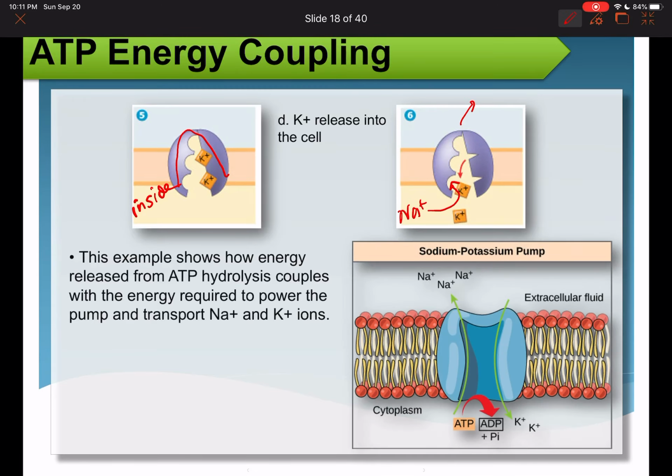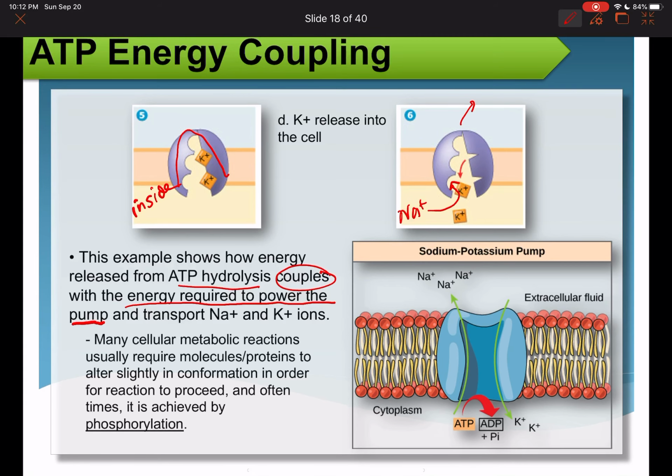So the pump's action in utilizing ATP to pump sodium ions out of the cell and potassium ions into the cell is a perfect example of how energy released from ATP hydrolysis is able to couple with the energy that's required to power the pump and transport these two particular ions.